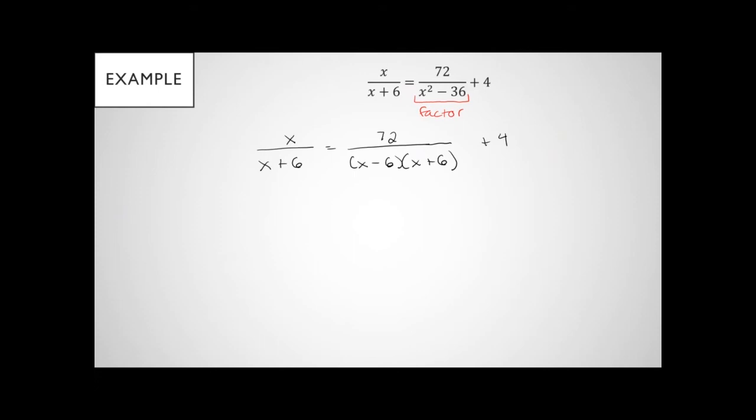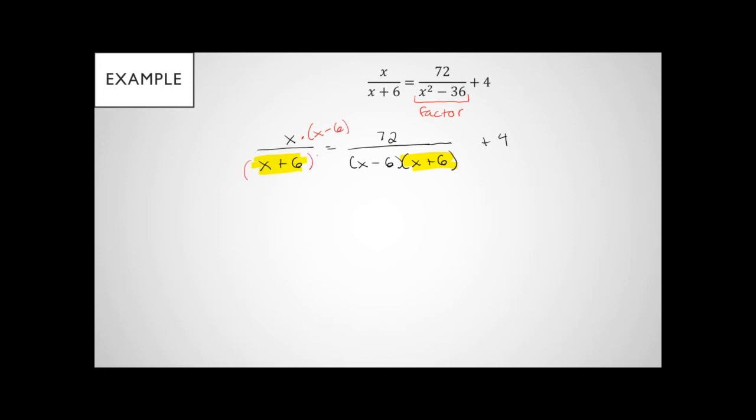So looking at what I have, these both have an x plus 6, but I don't have an x minus 6. So what I would do is I would build the fractions to have the common denominator, x minus 6.